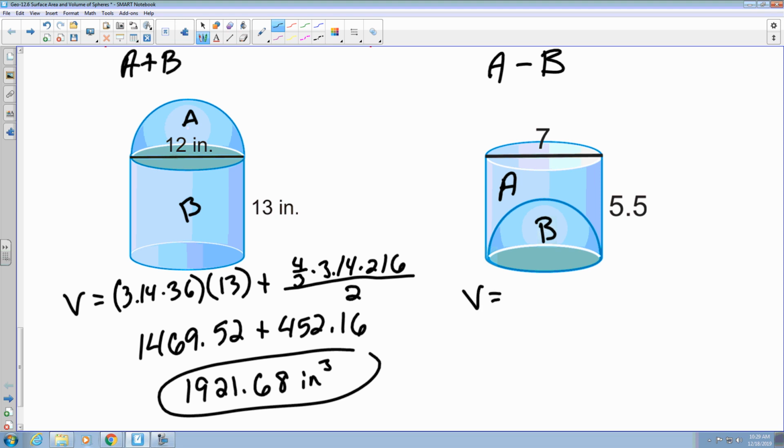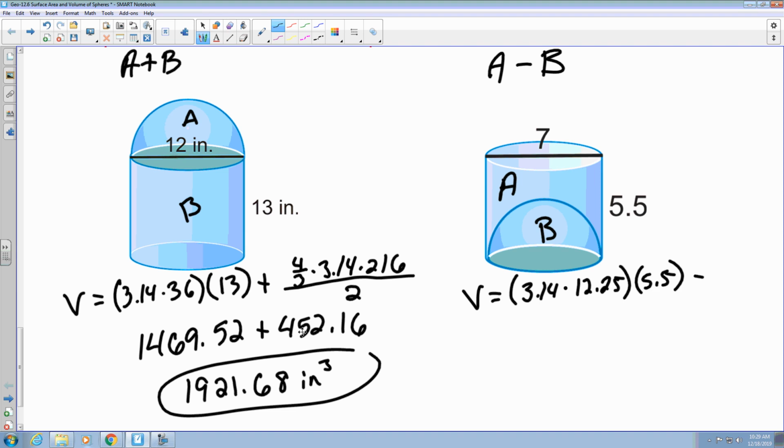So same idea to the right. To find the volume of this, I've got to find the volume of the cylinder. So it's going to be pi, which is 3.14, times the radius squared, so it's 7 divided by 2, which is 3.5. 3.5 squared gives me 12.25. And then I've got a height of 5.5.